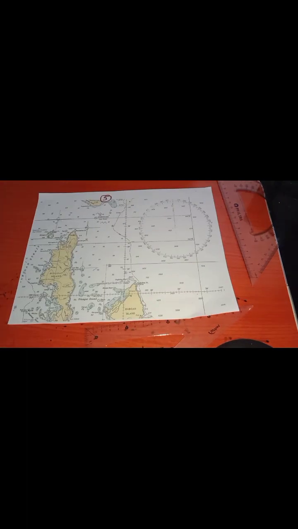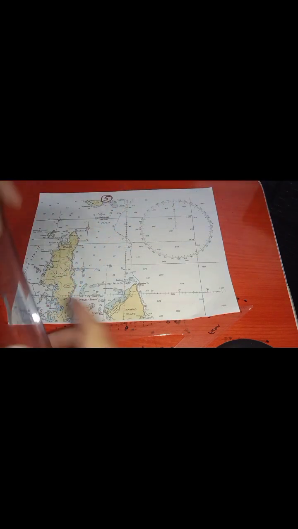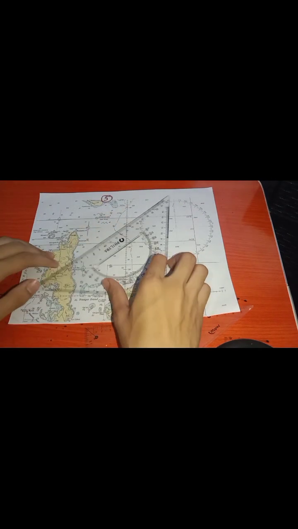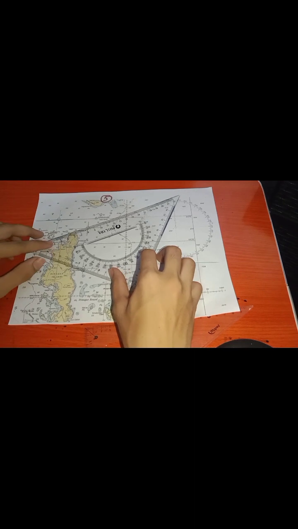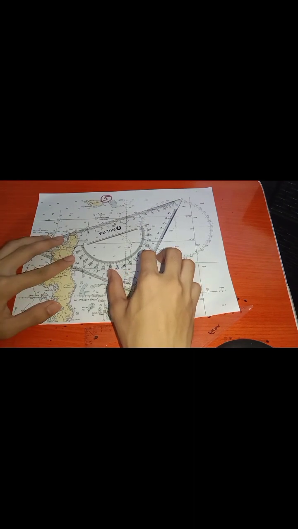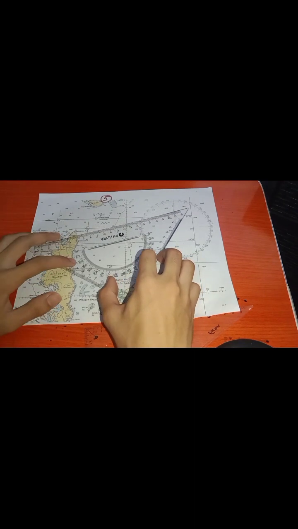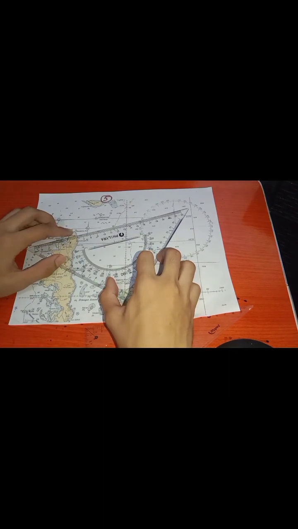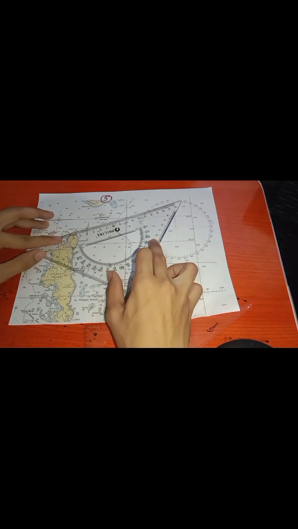So next is we need to find the bearing of our ship to desolation point. So desolation point is here. Diyan sa may itong tinatawag na pinakadulo ng isla.